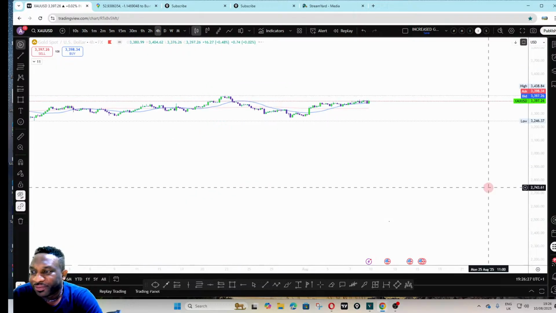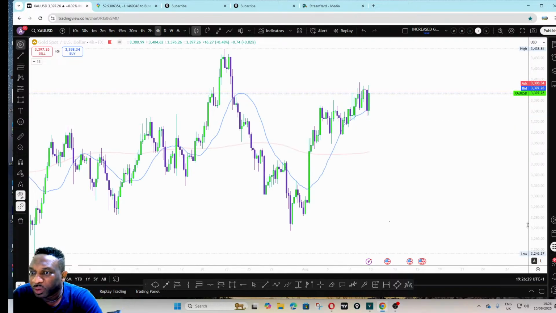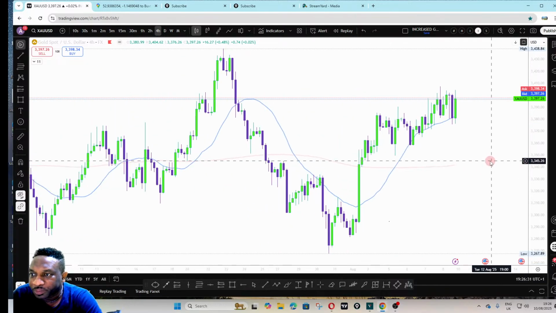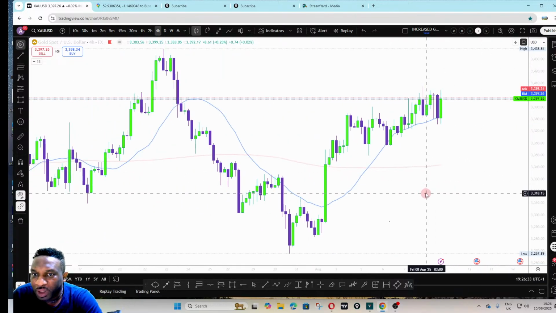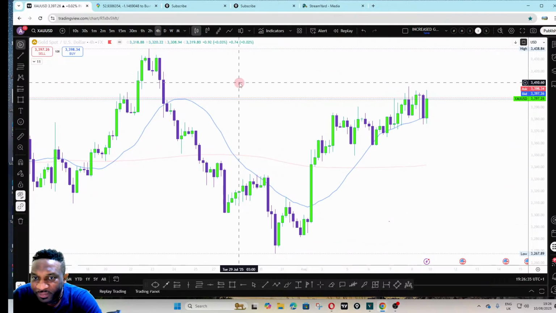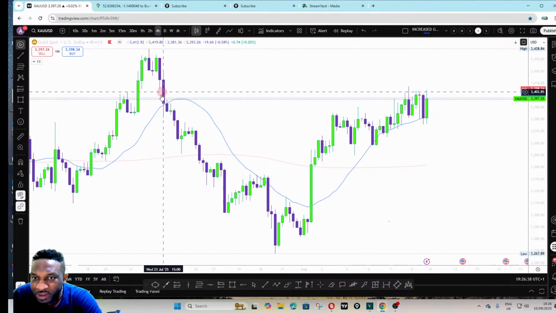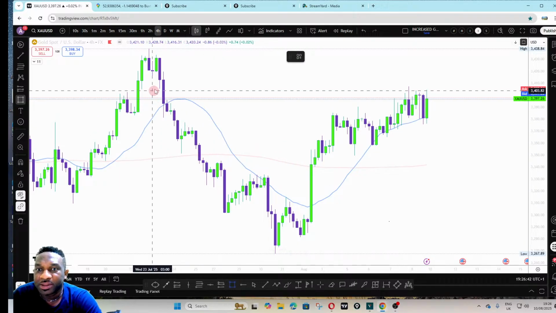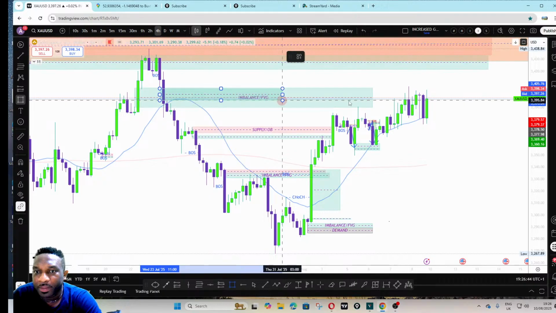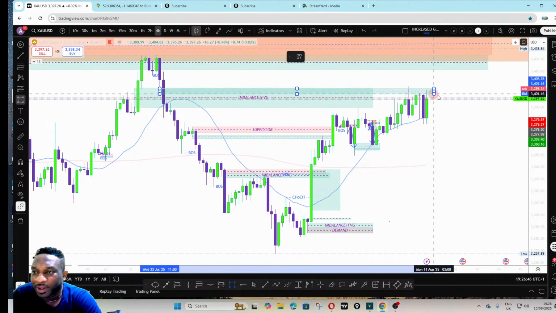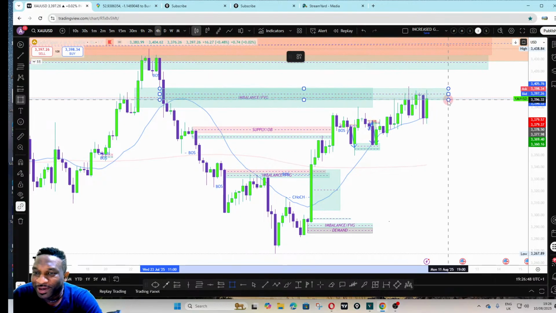Go down to the 4 hour time frame. So on the 4 hour time frame, we had this imbalance here. We had this imbalance right here. Oops, okay. I think I've already marked this area.